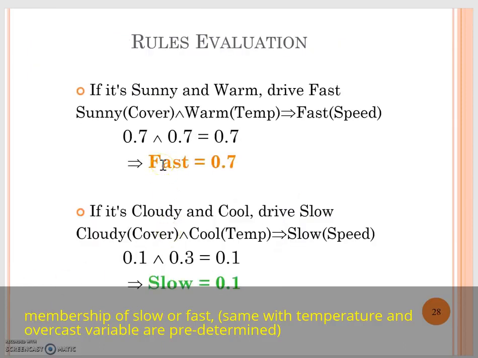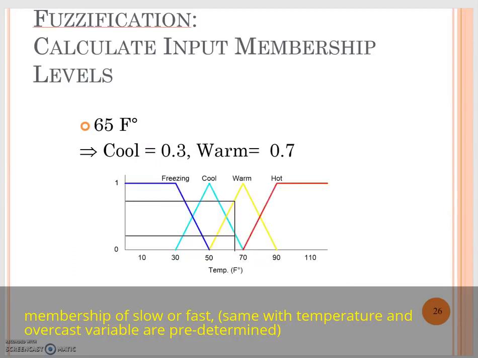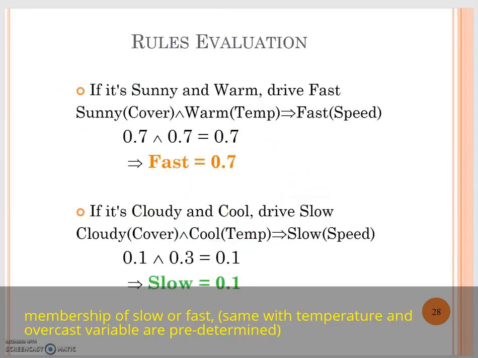Okay, so there are two rules here. If it's sunny and warm, drive fast. So the sunny cover that we can get from previous is 0.7, and recall here that for the temperature, warm is 0.7.